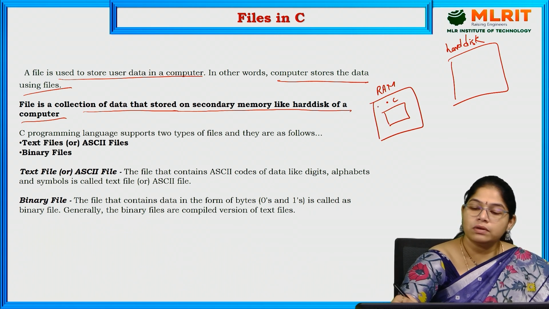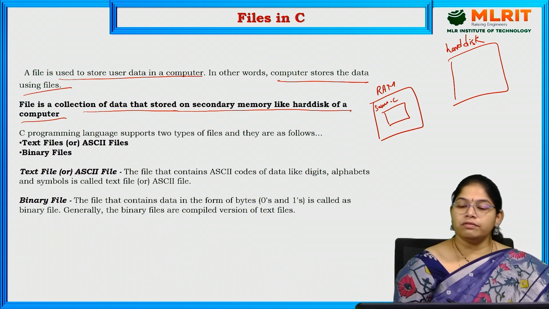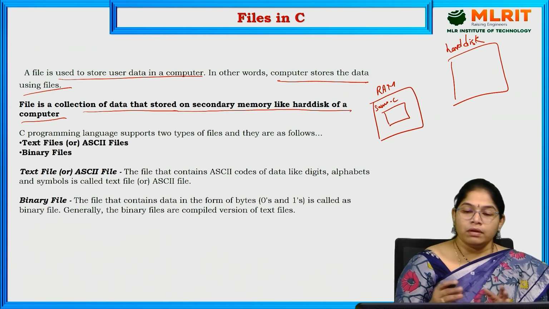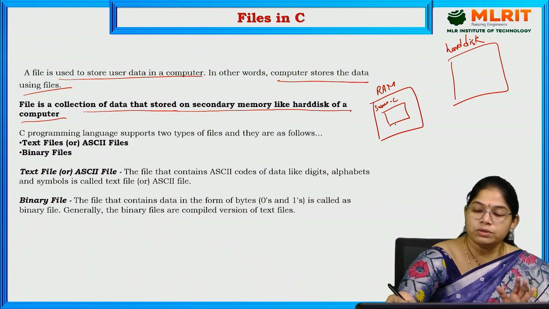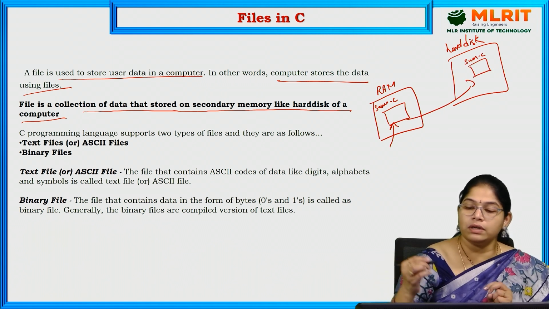Now sum.c is a C file. The file name is sum.c. If I want to save this file, when I save it, it will be stored in the hard disk. So here we have a file called sum.c.